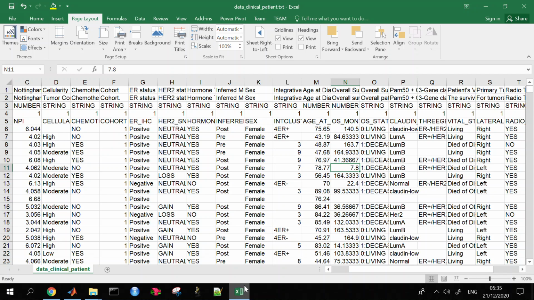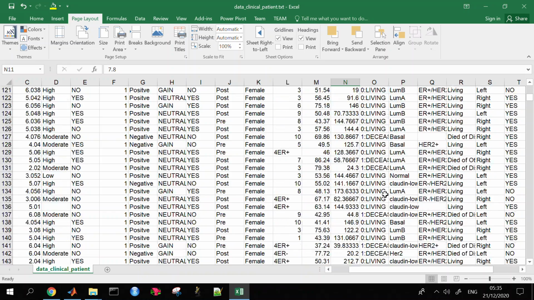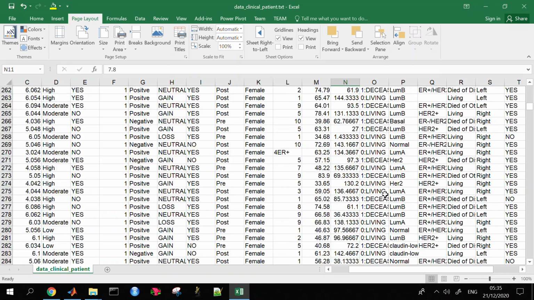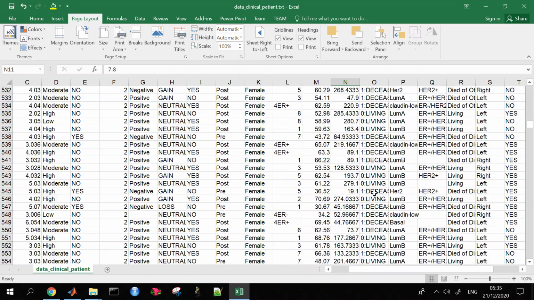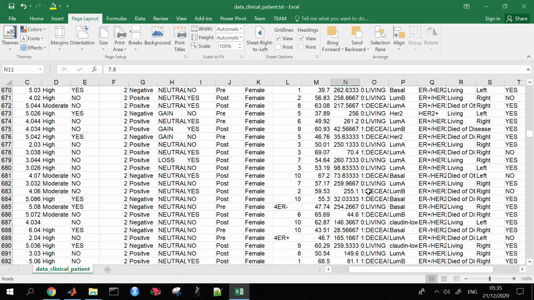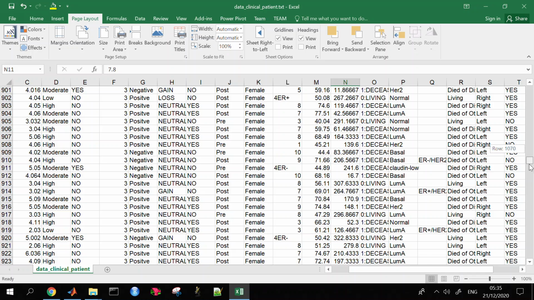Okay, and another thing that you have to pay attention to is the ending of these two columns.